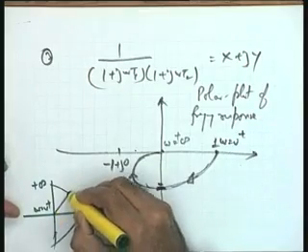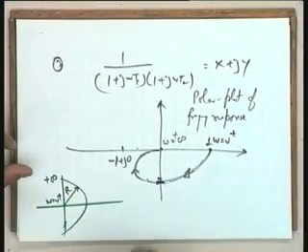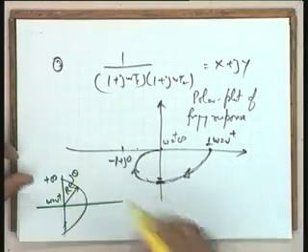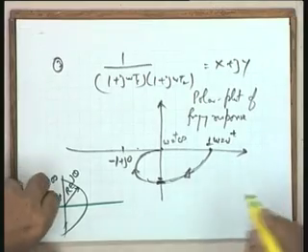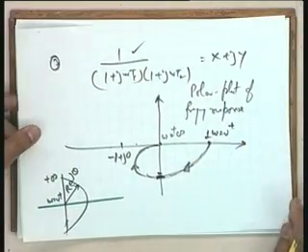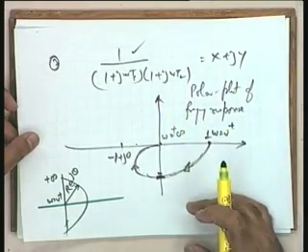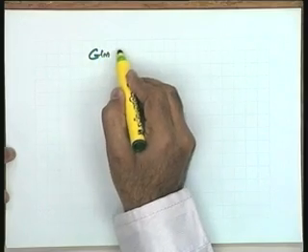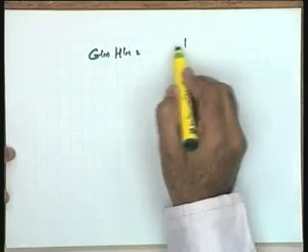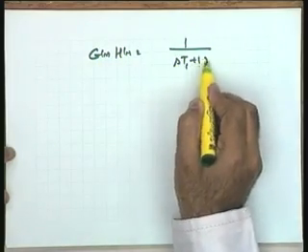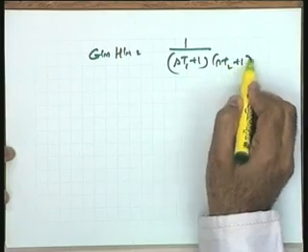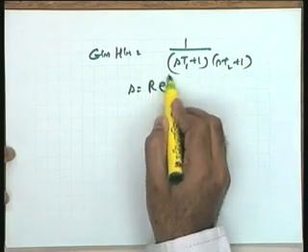Now, please help me, give me the mapping of r e to the power of j theta, and for that I take up the original G(s)H(s). I wanted the sinusoidal function only for the purpose of mapping of the imaginary axis. Let me go to the original G(s)H(s), which is equal to 1 over s(sT1 plus 1)(sT2 plus 1), with s equal to r e to the power of j theta.